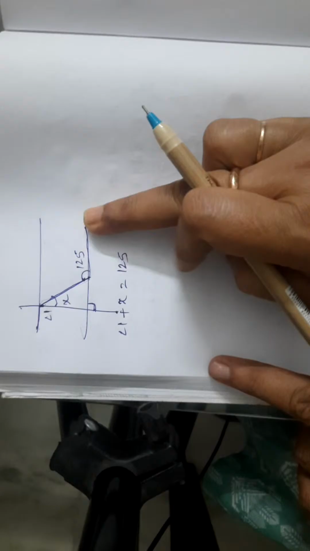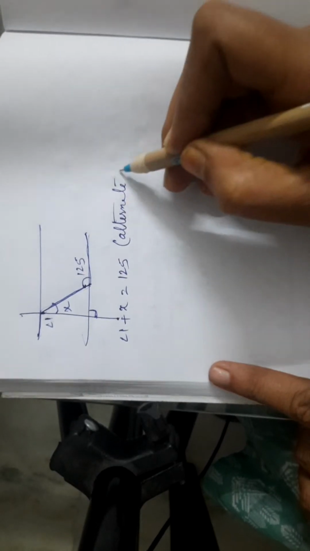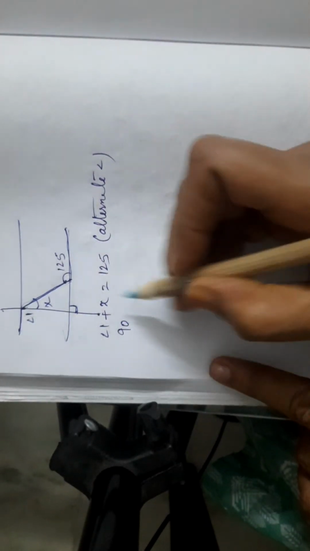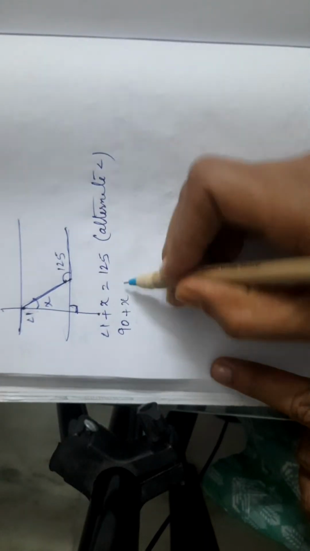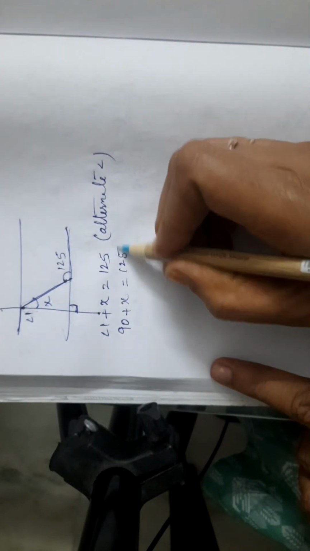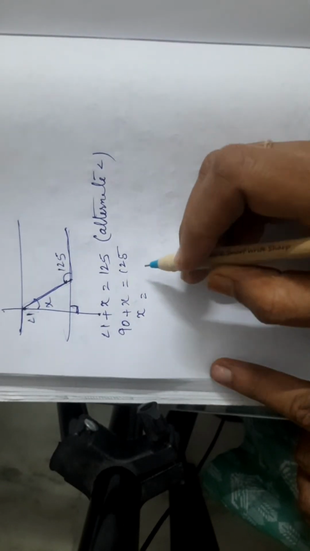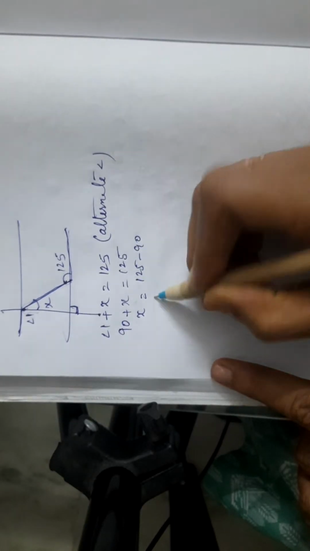The reason is they are making alternate angles, out of which one is given 90. As it is perpendicular, this will also be perpendicular. So x is 125 minus 90. Is it clear, sir?